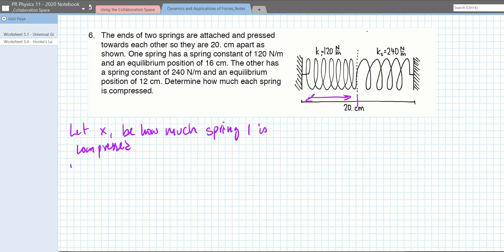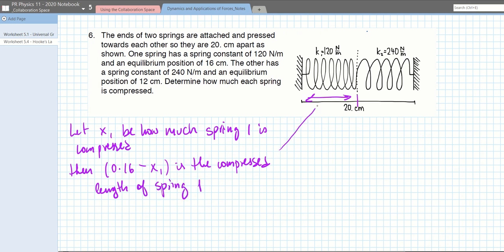So we can say then its rest length of 0.16 minus how much is compressed, x1, is going to be the length on the diagram, the compressed length of spring 1.